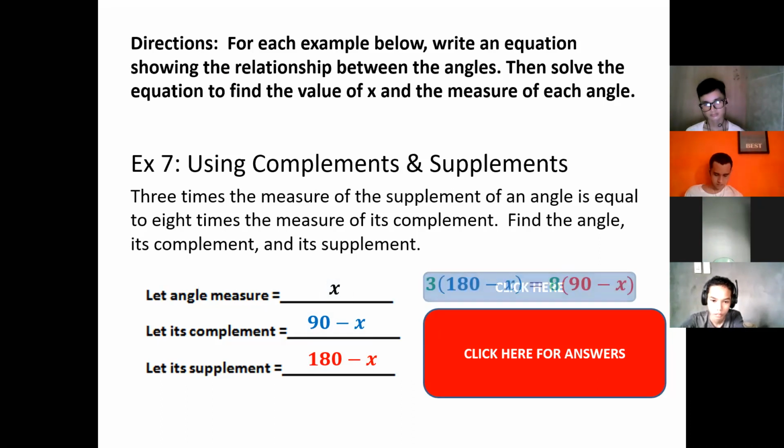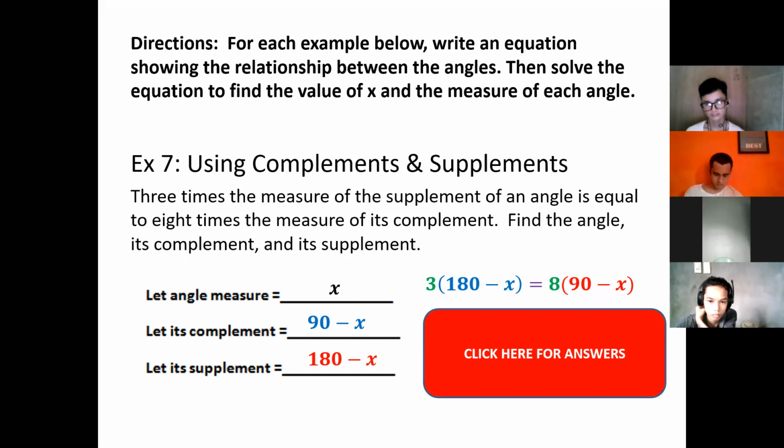So we have the equation then. The equation is taken from the problem itself. 3 times the supplement is equal to 8 times the complement of the same angle. Given that equation, proceed with solving the value by distributing 3 to 180 and to negative x.